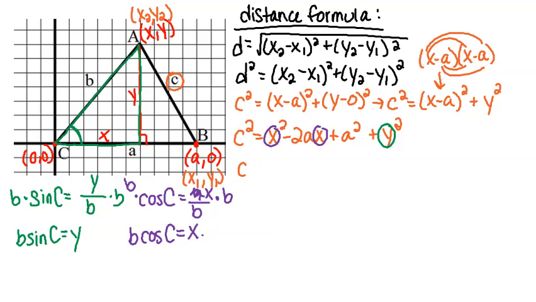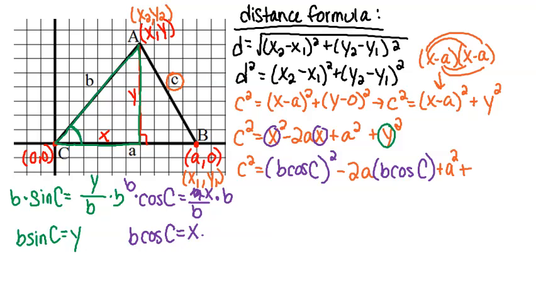So we're going to get that c squared is equal to b cosine of C squared minus 2a times b cosine of C plus a squared plus, subbing in for y, b sine of C all squared.